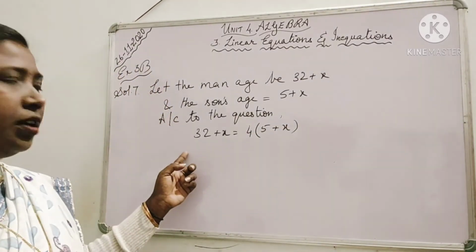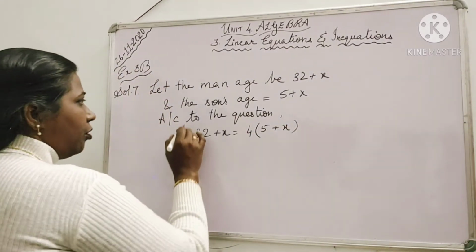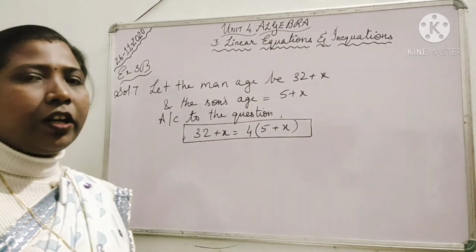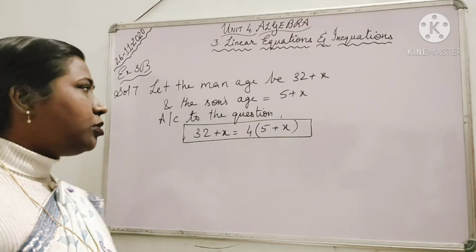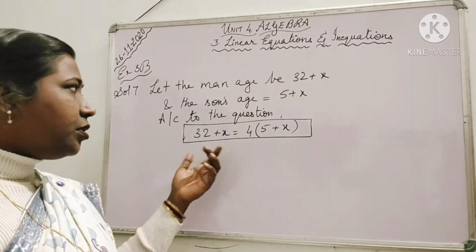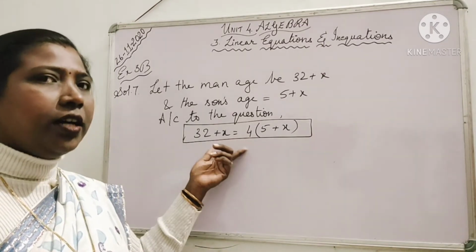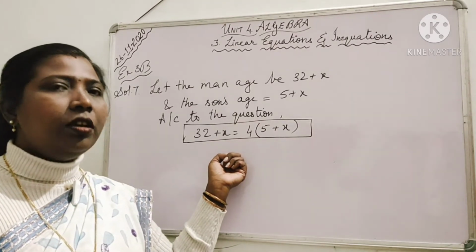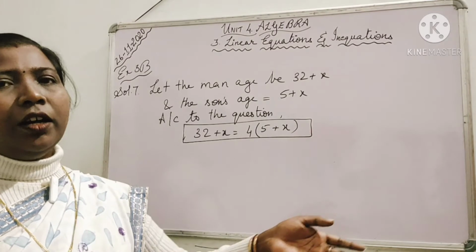Students, this is the equation. Clear? Now you can solve it. And the verification you can do in the rough part, to check whether the solution you have got is correct or not.